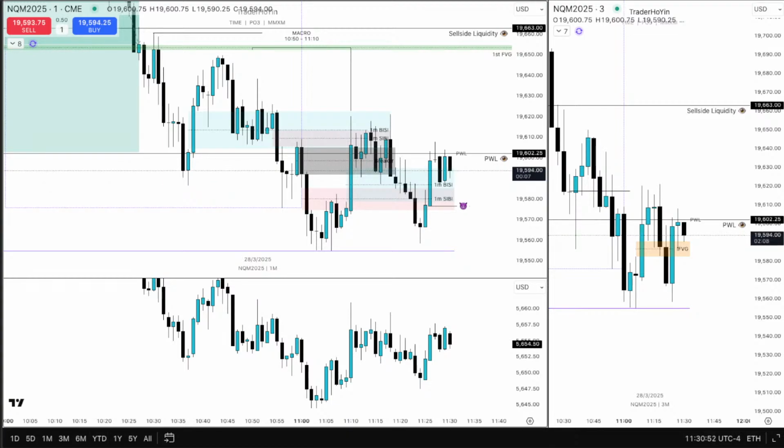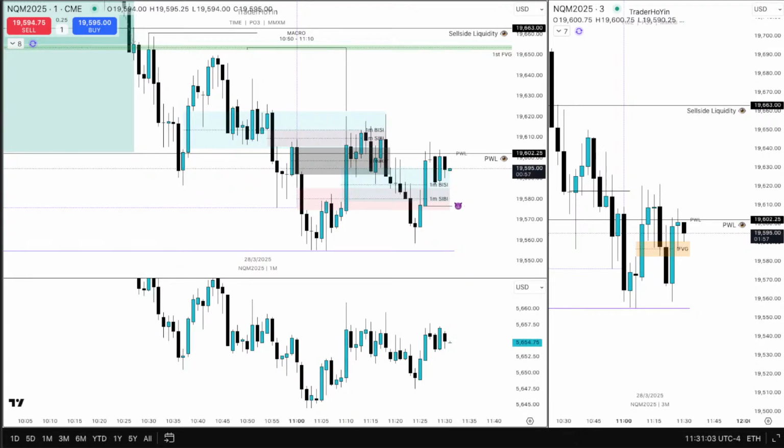Sometimes when price is dropping, you want to look at 3 minutes and the 5 minutes, because a 1 minute structure change, if you can't see it in the 3 minutes and 5 minutes, usually may not be that good.